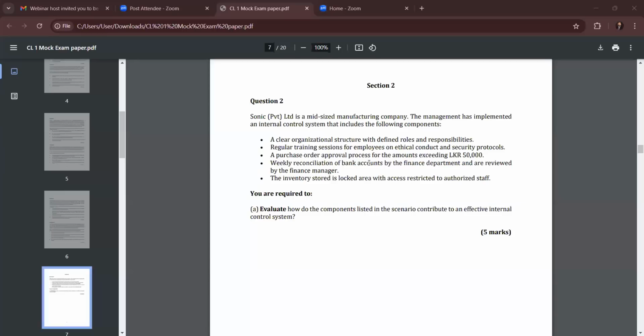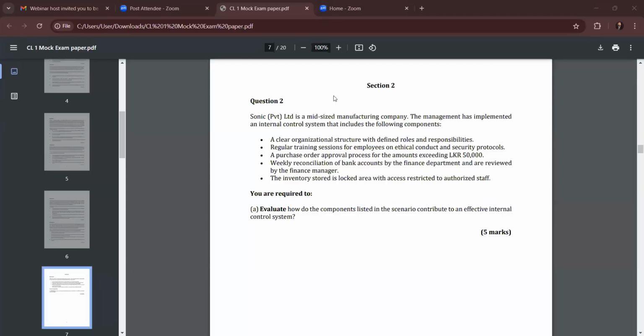Internal control system, COSO. The COSO framework, those 5 elements: control environment, information and communication, risk assessment, control activities, and finally monitoring of controls. You have to build the answer using COSO. So the examiner is asking, evaluate how the components listed contribute to an effective internal control system.